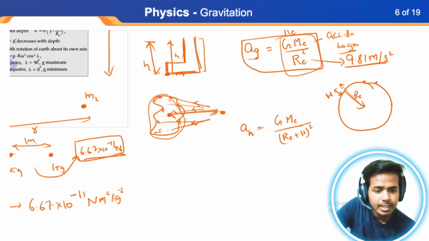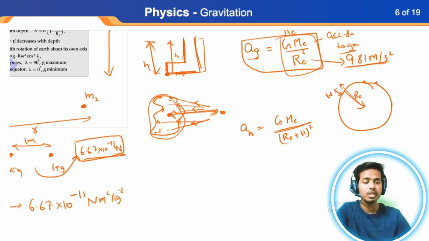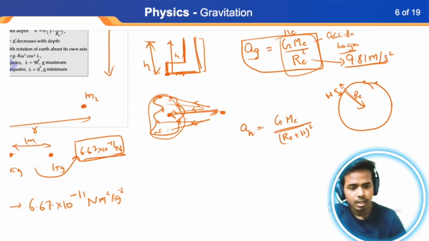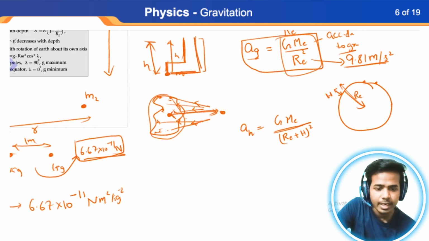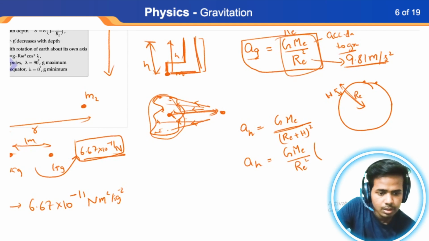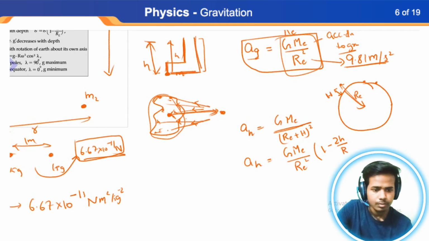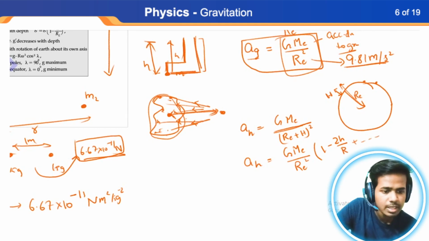Now in mathematics, you must have gone through something called binomial expansion. I'm not going to get into that, but when you do a binomial expansion, you'll get something like G Me by Re square times (1 minus 2h divided by Re), and some other terms which have a multiplier of h square or h cube.